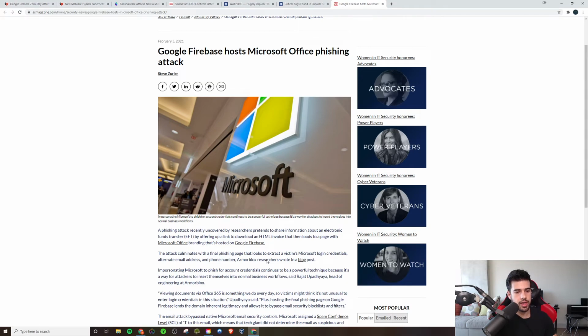They make it look like an actual Microsoft login prompt, but really they are harvesting those credentials, and then using those to log into your actual Microsoft Office accounts, and then probably getting access to other stuff from there.